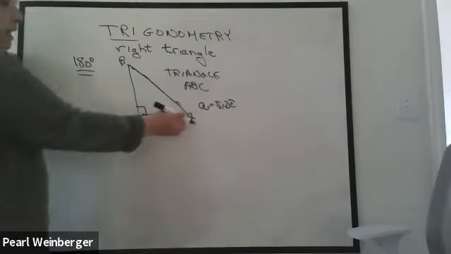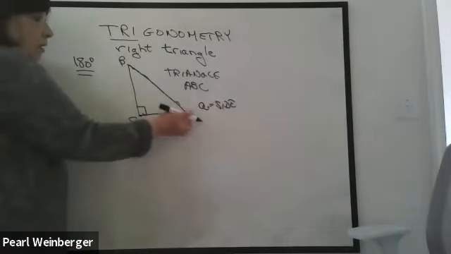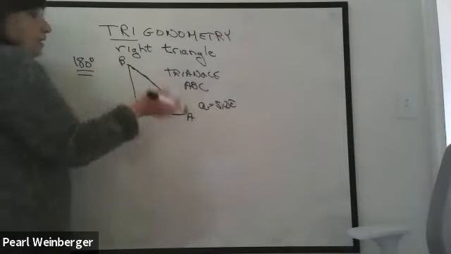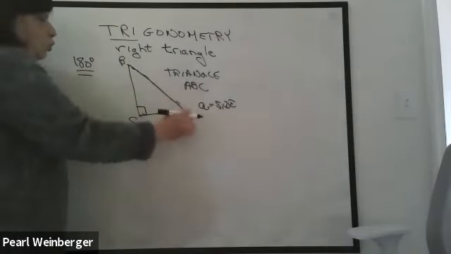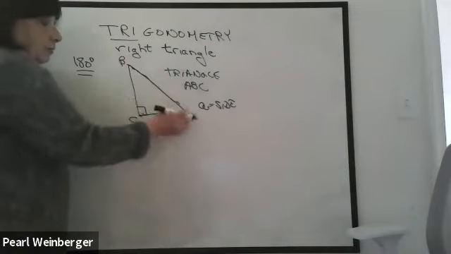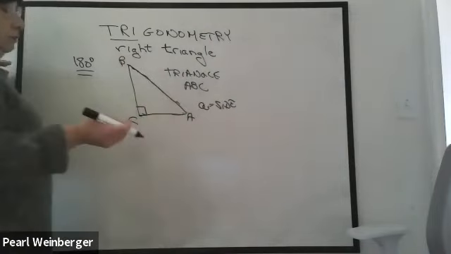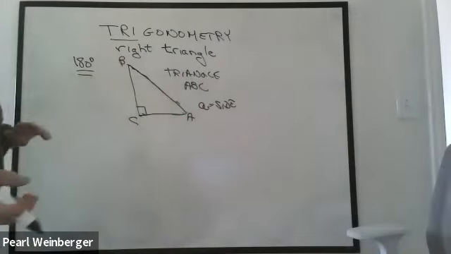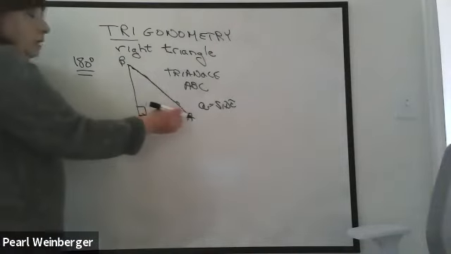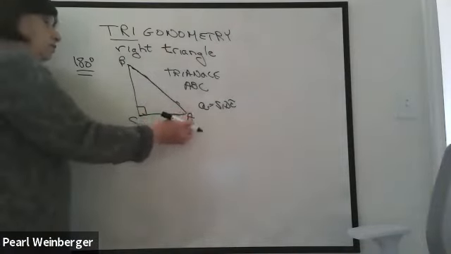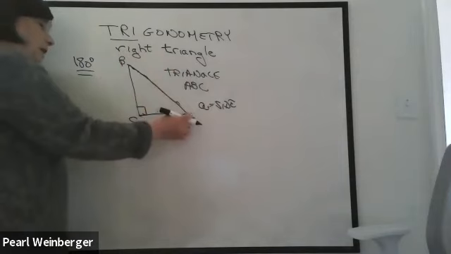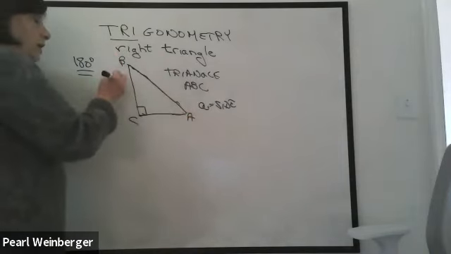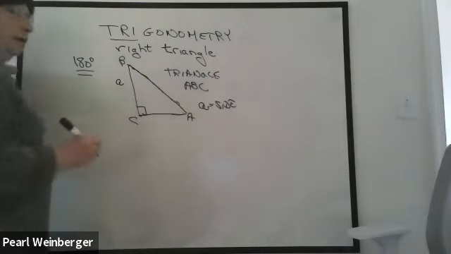If this is angle A, and there are three sides in my triangle, two of the sides of the angle are part of the triangle. There's a third side, a side that's across from angle A. It isn't attached to the A, but is across from it. That's what we call lowercase a.